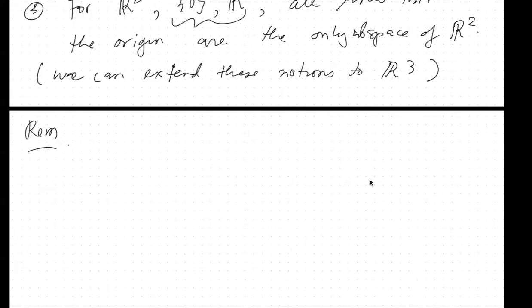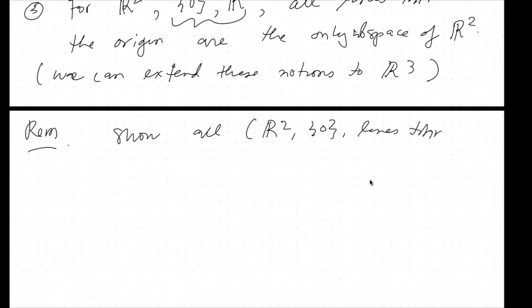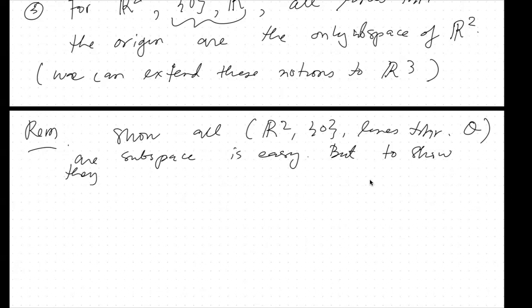So remark, showing that all of this, I mean when I say all, the trivial subspace and the lines through the origin are subspaces is easy by just applying the subspace test, but to show they are the only subspaces of R2 is hard, and we will prove that later in the course. First, we will develop some theory.